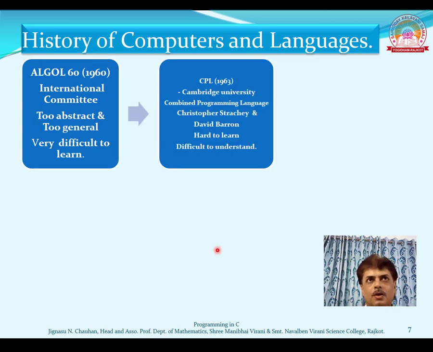So, in order to replace ALGOL, or to improve the limitations of ALGOL 60, at Cambridge University a team of Christopher Strachey and David Barron created a language called Combined Programming Language, briefly called CPL.